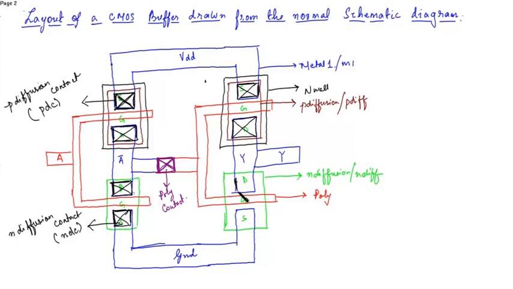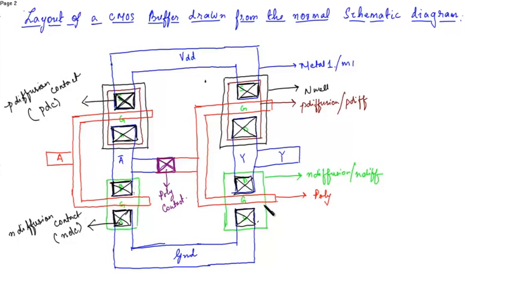Similarly over here, these are the N diffusion contacts. So there are 4 P diffusion contacts and 4 N diffusion contacts.